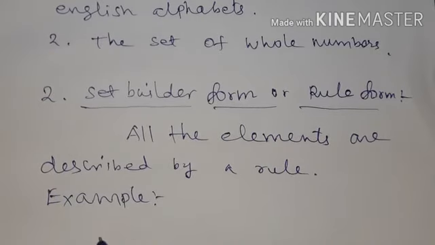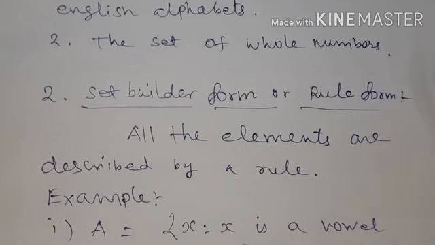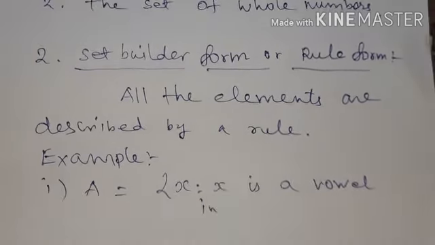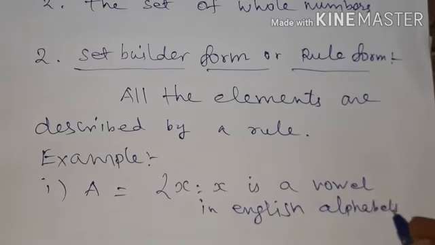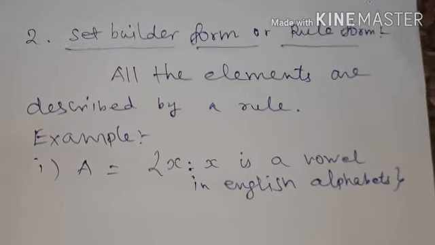Set A is equal to x such that x is a vowel in English alphabets. Here, x such that is described by a rule, and it is called set builder form or rule form.